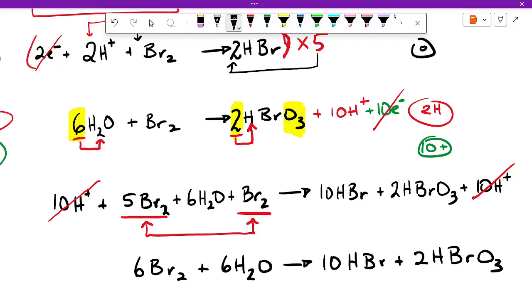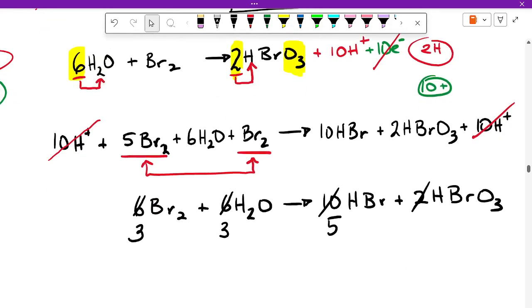Wait, and then. Did you get a 6, 6, 10 too? Yes. And then what can we do with that? Yes. We can cancel, we can simplify it by dividing everything by 2. And we're done. Yes? Yes. Okay.